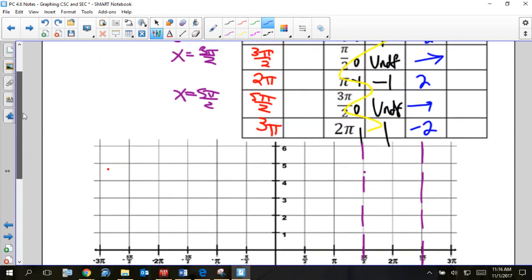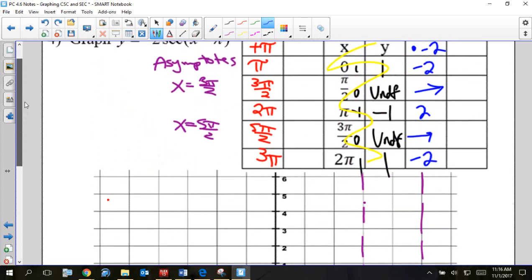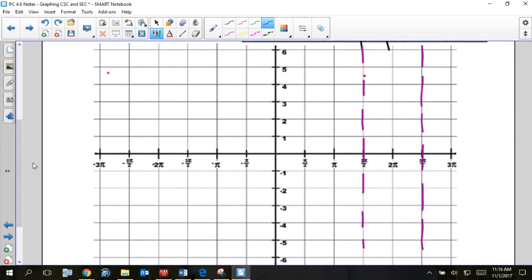We have at pi negative 2, at 2 pi 2, and then at 3 pi negative 2. You could, if you need to, fill in your cosine function so that you can tell where the secant function is going to go. I'm going to continue my pattern with my asymptotes.